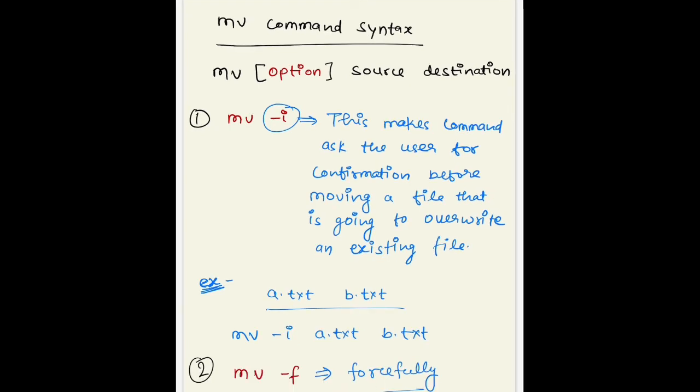You just want to rename the file, and it just renames the file. Don't ask any question, don't give any kind of warning. In that case we use mv -f. But make sure you use this only when you are 100% sure that you don't have any problem with the overwriting. Okay, so this is mv -f.